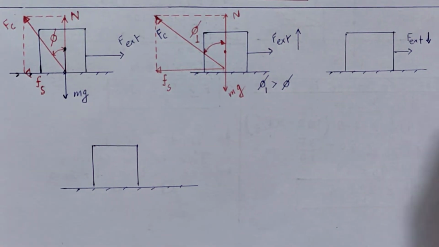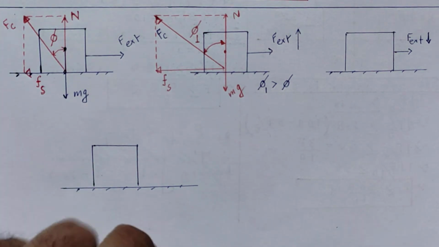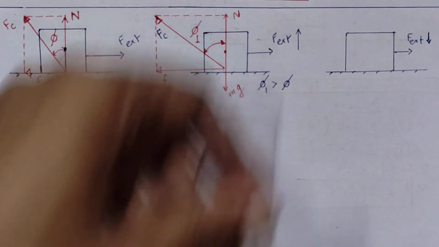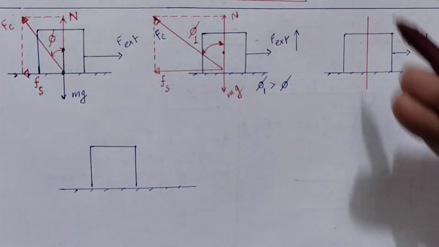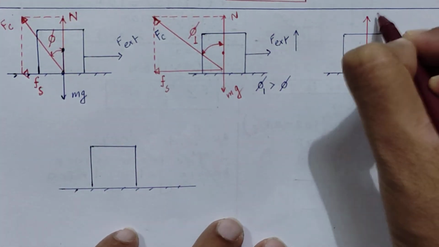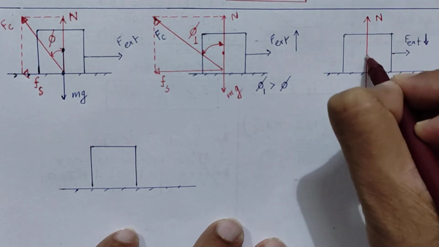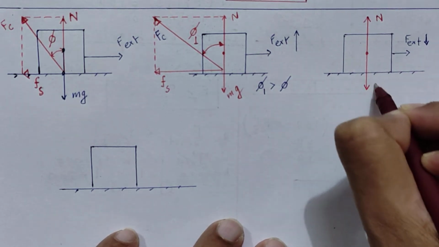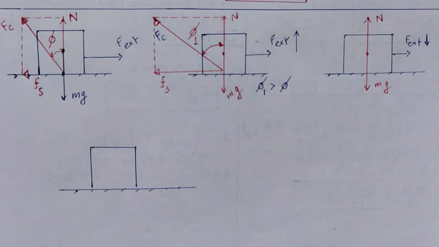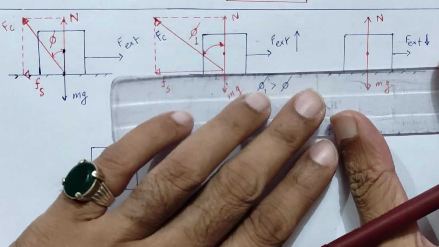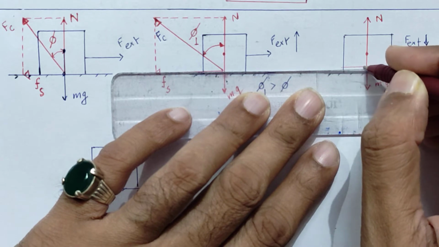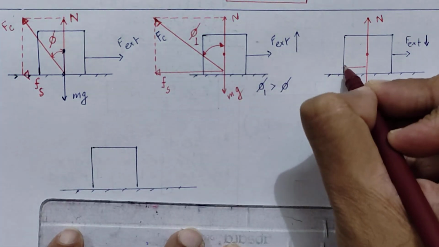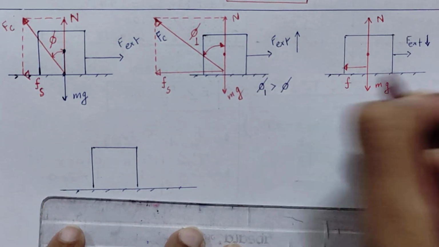Now if I decrease this external force, then definitely my force of friction has to decrease as well. So the force of friction becomes small. I am telling the force of friction is this, very, very small.